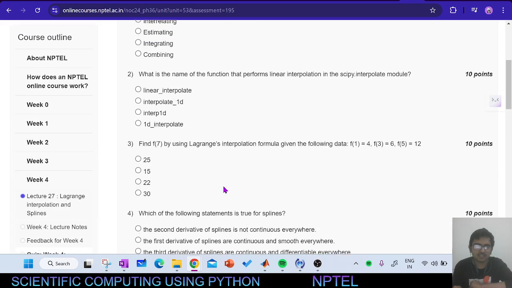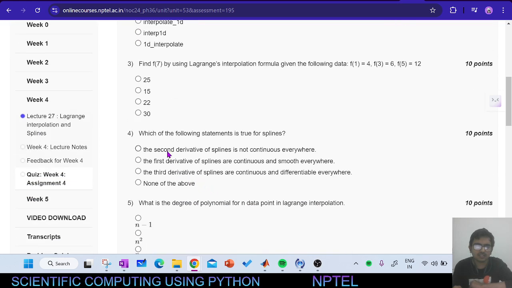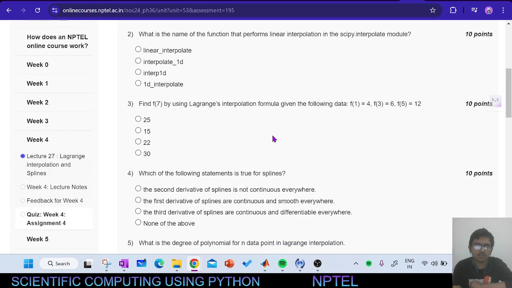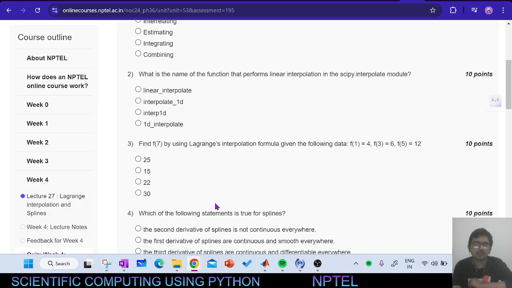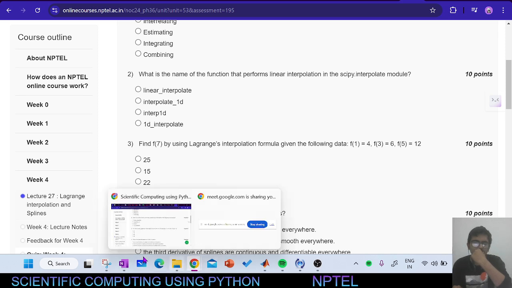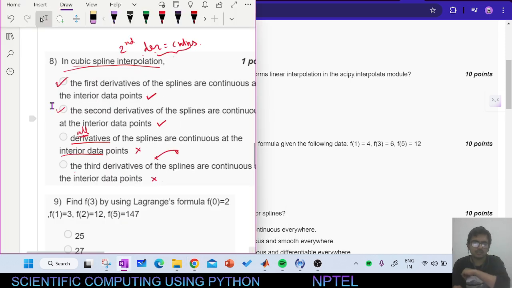No, the fourth question is similar to that, but it's related to the polynomial. This is also not continuous everywhere, so only this one is correct, right? But in your question you said that two options are correct, and there is a round button there. So whoever designed the questions either messed up or didn't know it was going to be a single correct question format in the assignment.